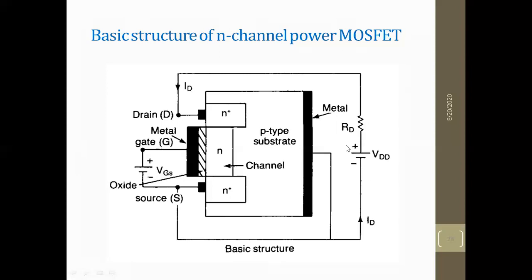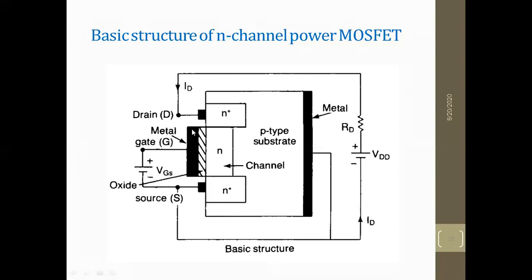You can observe now, this is the complete structure of the N-channel power MOSFET. The N-channel is placed on a P-type silicon substrate. Here, an N-channel depletion type MOSFET is formed on a P-type silicon substrate with two heavily doped N plus silicon regions for low resistance connections.